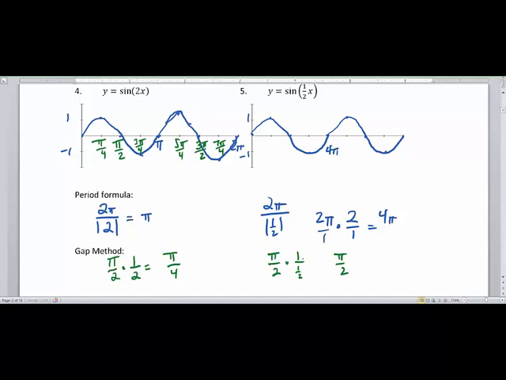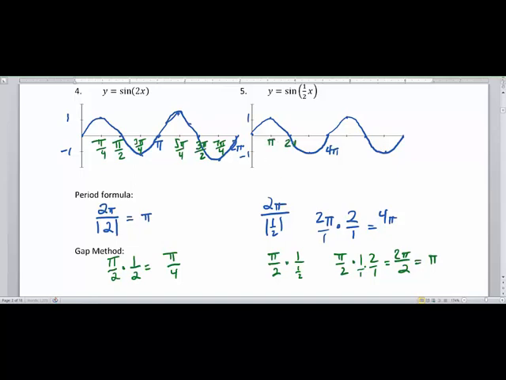Dividing fractions, please don't cry, skip, flip, and multiply. We skip the 1, we flip the 1/2 to 2 over 1, and then we multiply. So what we have is 1 times pi times 2, which is 2 pi, over 2 times 1, which is 2, which simplifies to pi. So my gap is now pi.